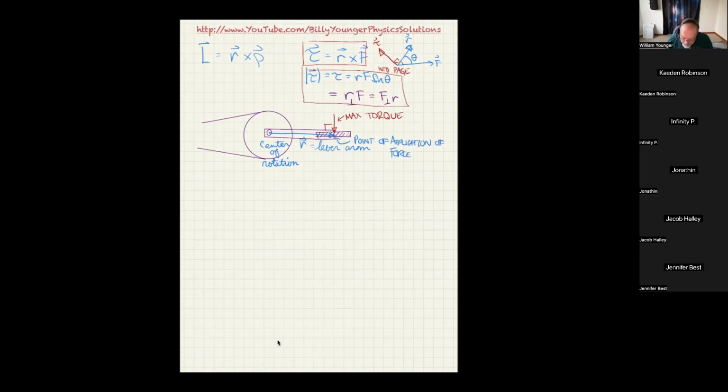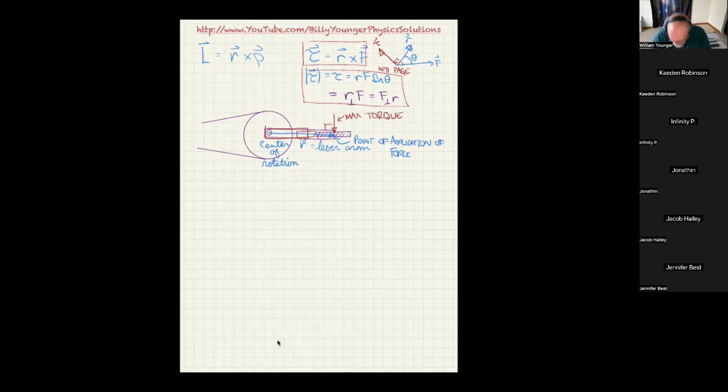So you can tell, hopefully, that if I were to replace this sprocket setup with a crankshaft that was only this long, you'd see that the torque is much less there. So you can see that torque should be proportional to R, the distance from the center of rotation to the point of application of the force.